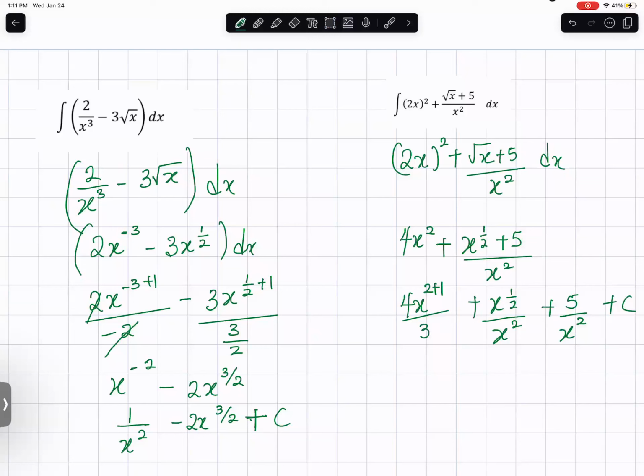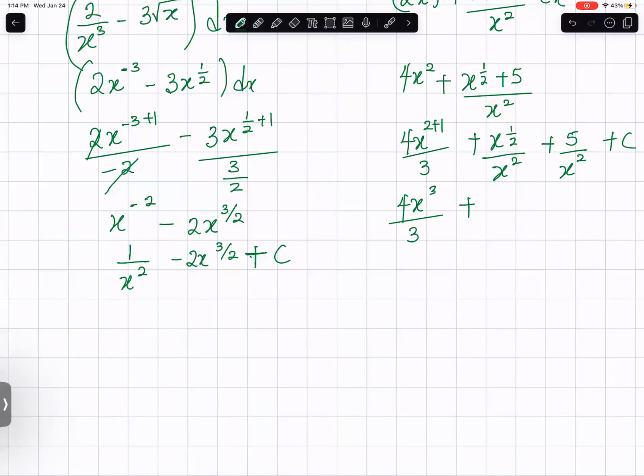So this gives me 4x raised to the power of 3 by 3 plus, so I have this as x half multiplied by x raised to the power of minus 2.